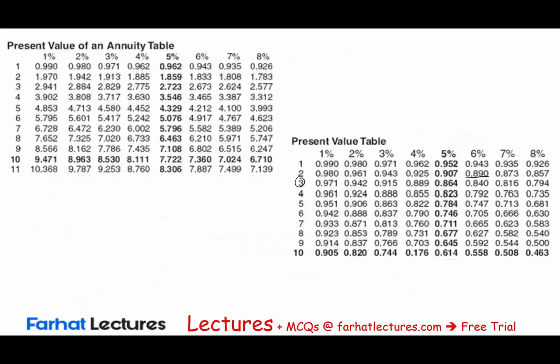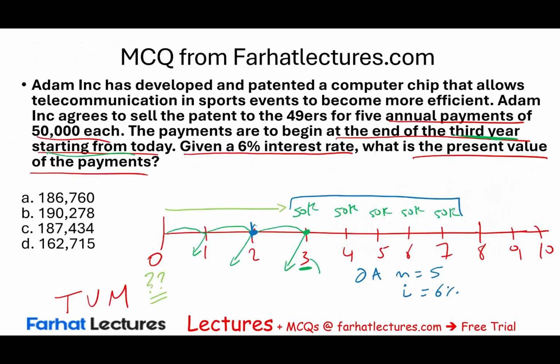Well, what do we do? We're going to go to the present value of annuity table. Make sure you are using the proper table. And we said the interest rate is 6%. Let's use red color. It's 6%, 5 periods. The factor is 4.212. Well, what am I going to do?